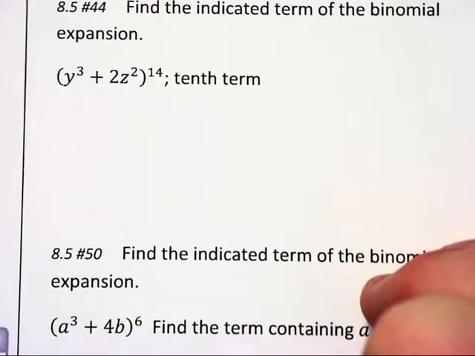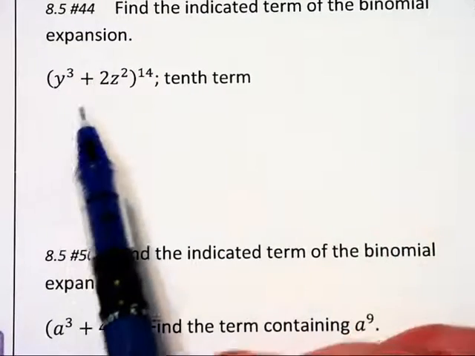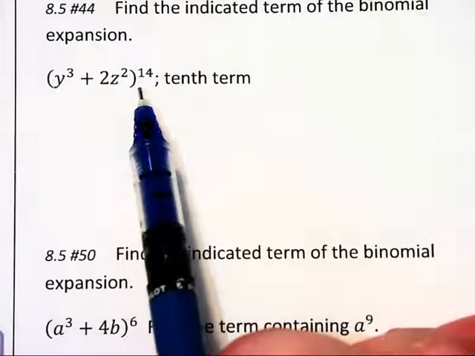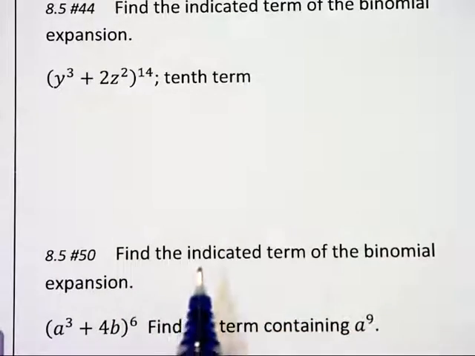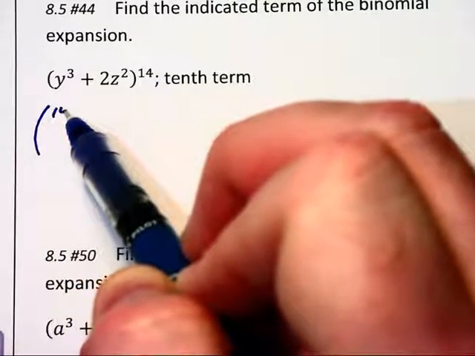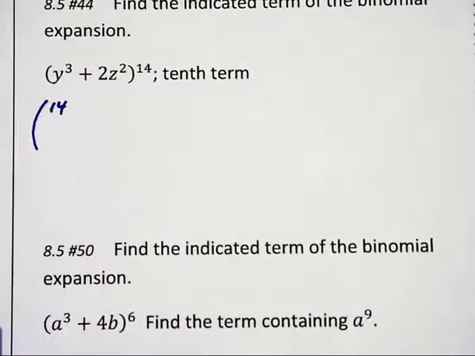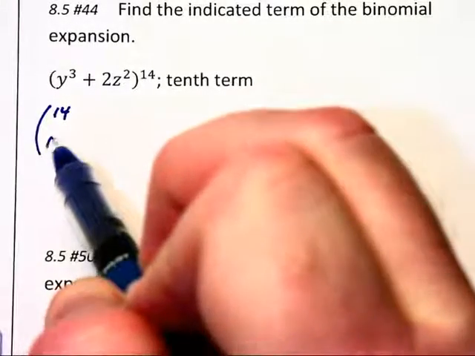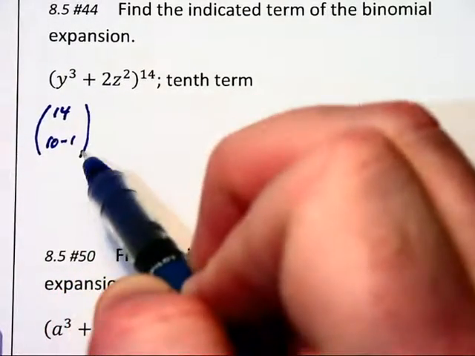So in this next problem, we have y cubed plus 2z squared to the 14th power, and we want the 10th term. Well, basically, this is going to be 14 on the top of our combination formula, and then we will have 10 minus 1 down below.